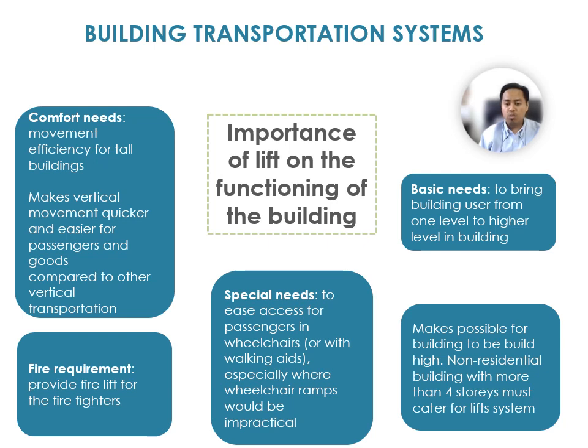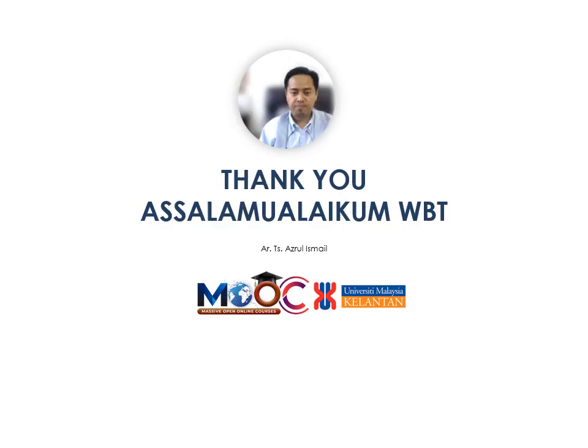Basic needs, to bring building users from one level to a higher level in a building. Special needs, to ease access for passengers in wheelchairs or with walking aids, especially where wheelchair ramps would be impractical. Makes it possible for buildings to be built high. Non-residential buildings with more than 4 stories must cater for a lift system.